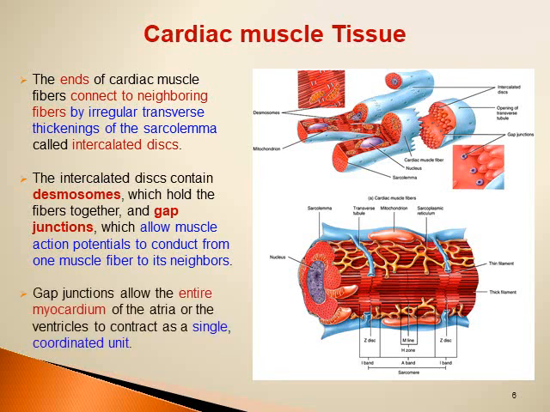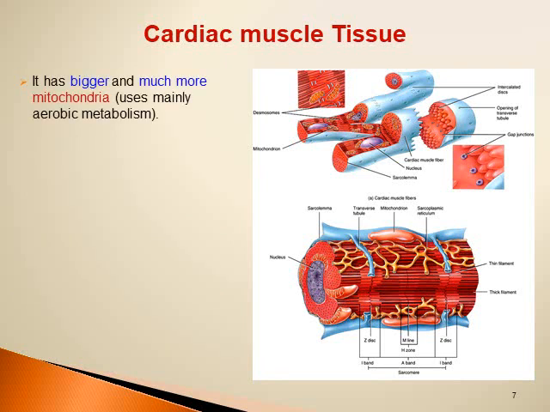Gap junctions allow the entire myocardium of the atria and the entire myocardium of the ventricles to contract as a single coordinated unit, and we call this the functional syncytium, which I will explain in more detail later on.